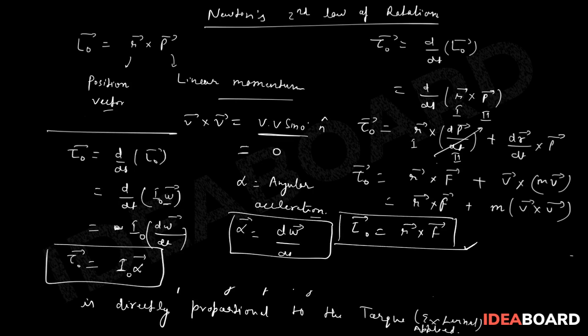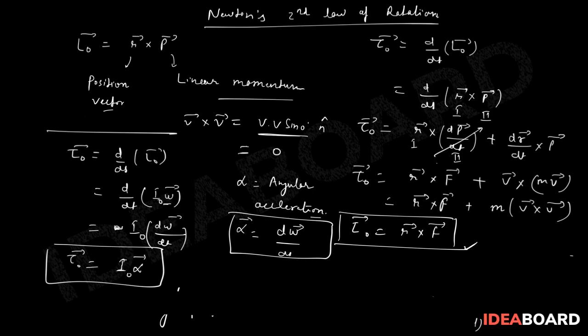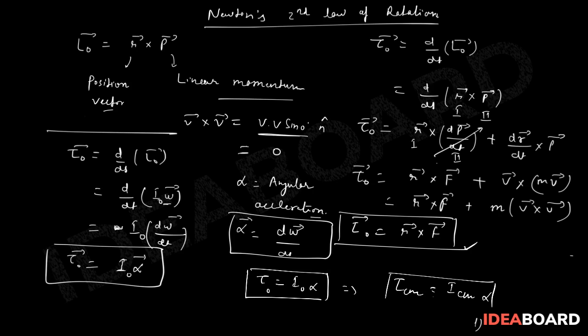Okay, so for the magnitude, if you wanted to apply in an equation, you can write torque is equal to I_O into alpha about any point. Similarly you can write about the center of mass, then you can utilize I_CM into alpha.